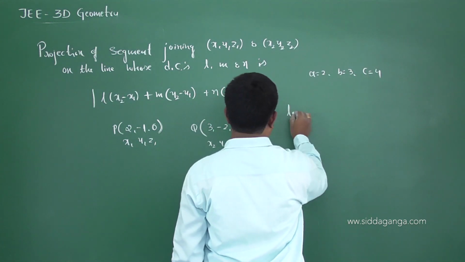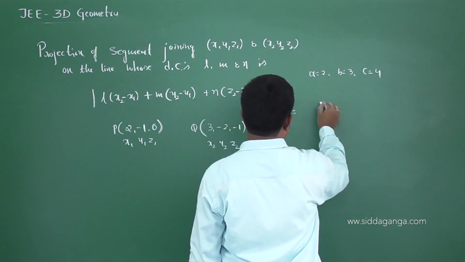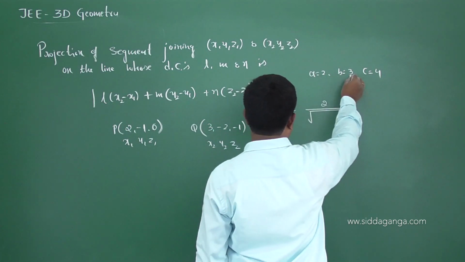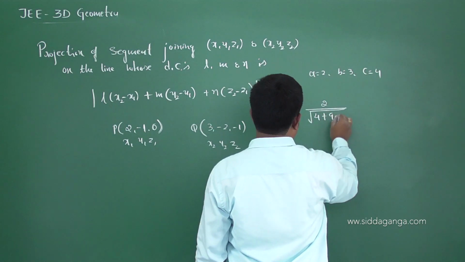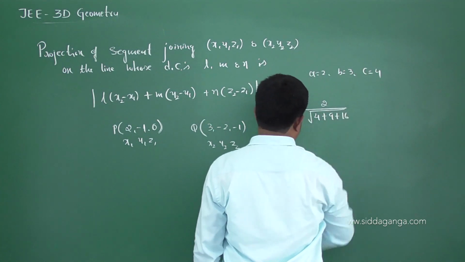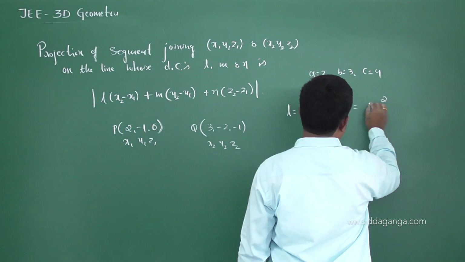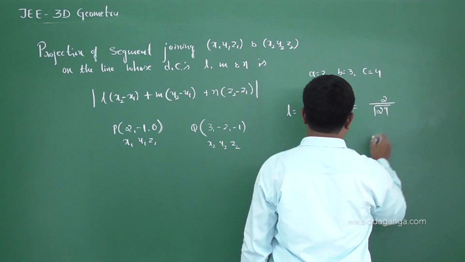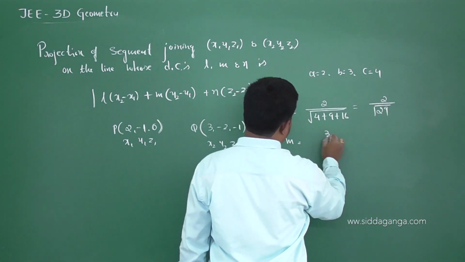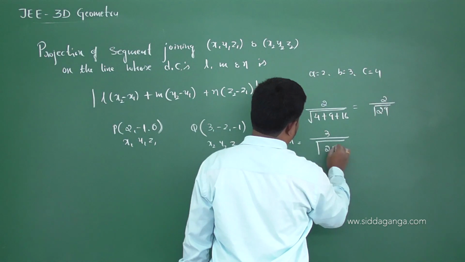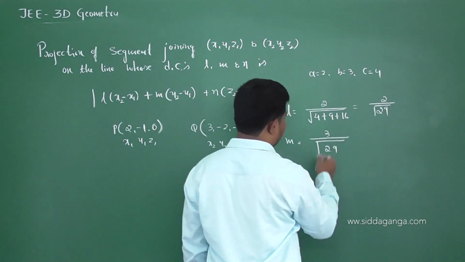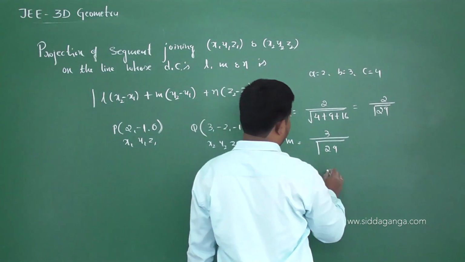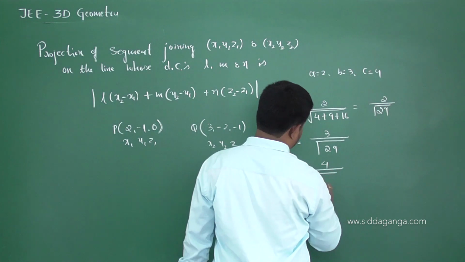Therefore l, the first cosine, is a divided by root of a square plus b square plus c square, that is 2 divided by root of 4 plus 9 plus 16, which is 2 by root 29. m is 3 divided by root 29, and n is 4 divided by root 29.